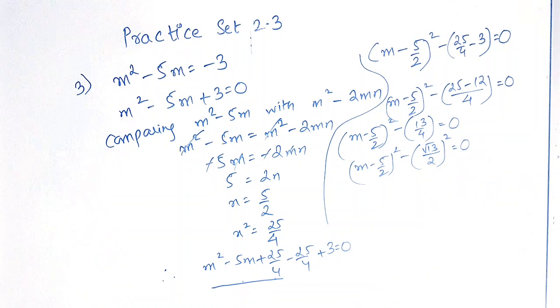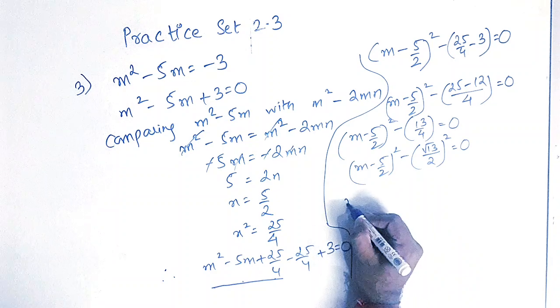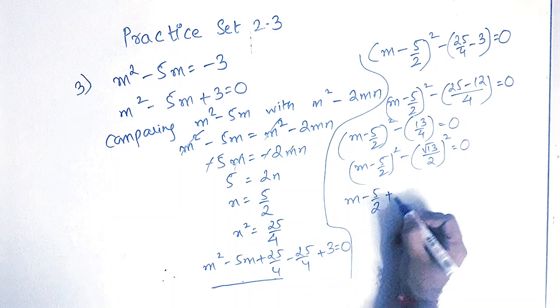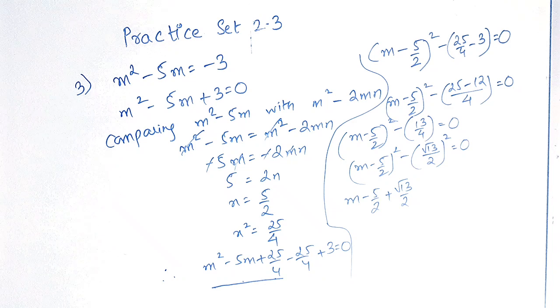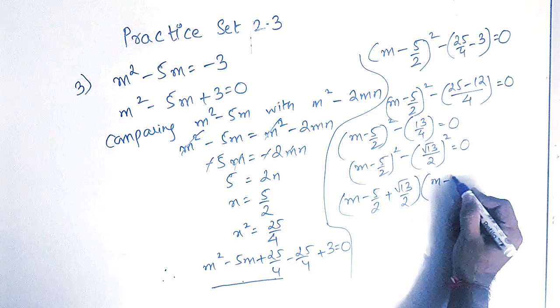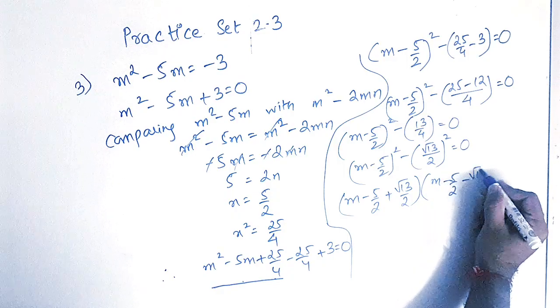Okay, so now we have reached a square minus b square. So we can write a, this is a, plus b, and then we have a minus b.